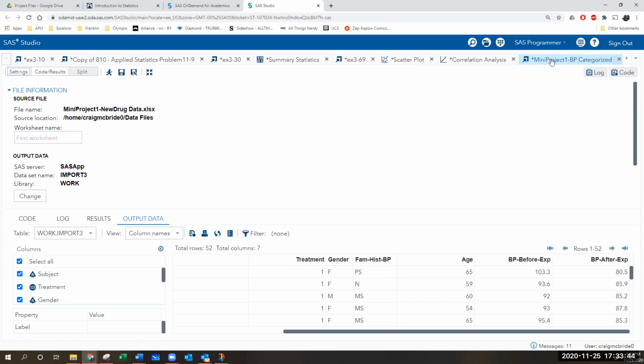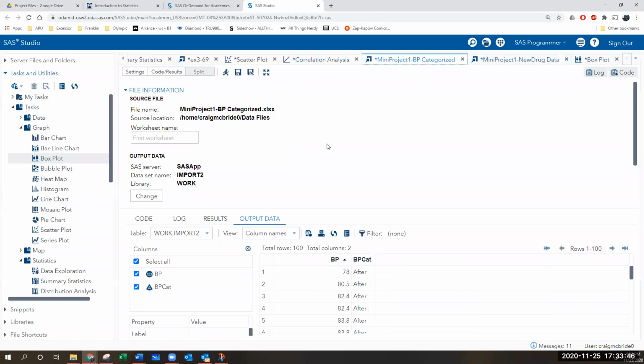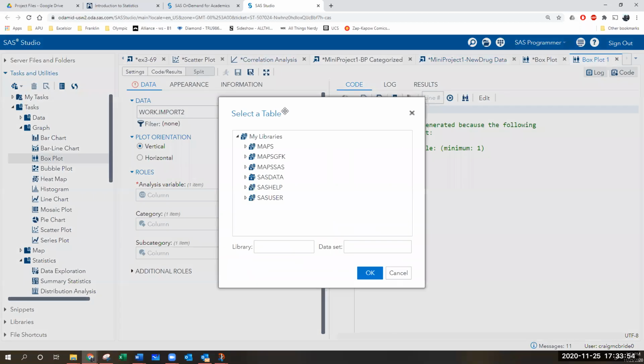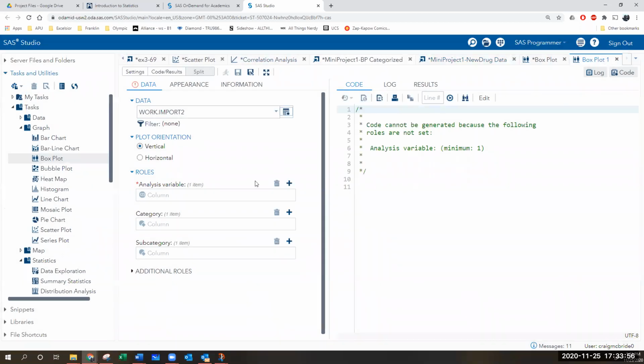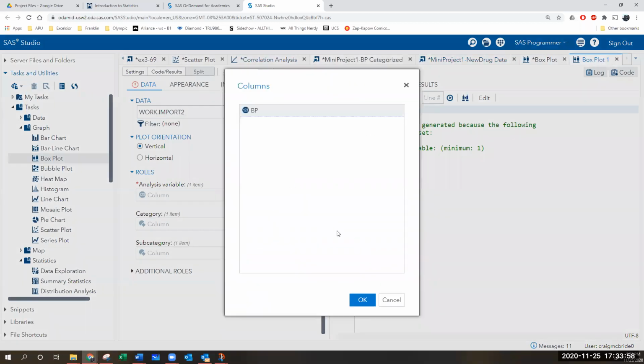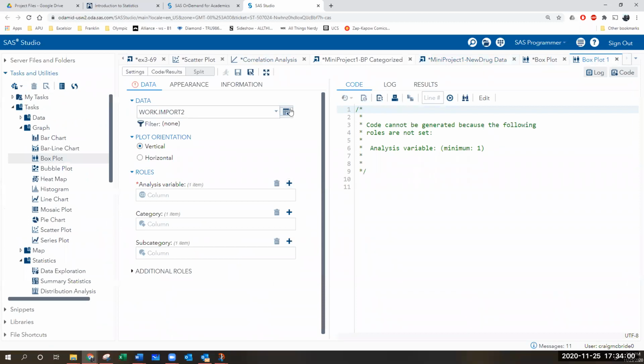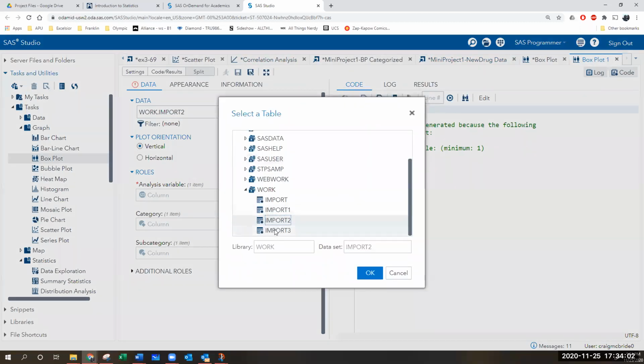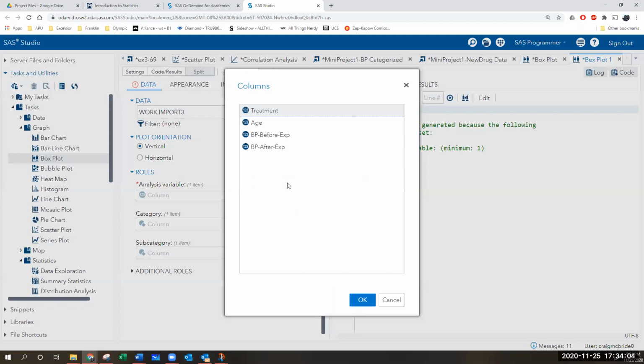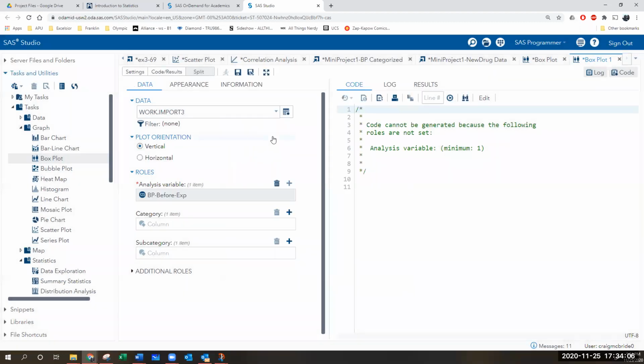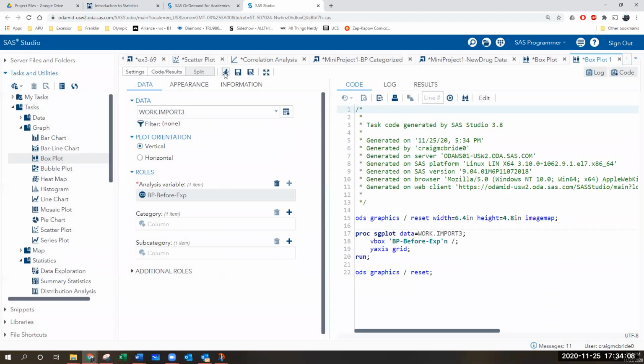I don't know how to get it back. There we go. So here's my data. It's in import 2. And now if I go to my box plot and I put in my analysis variable of, sorry, it should be import 3, I think. Yep. And put in BP before and run it.